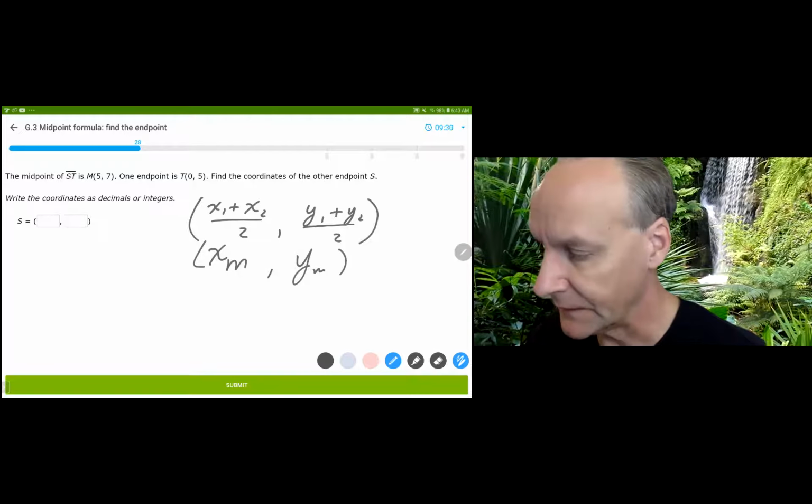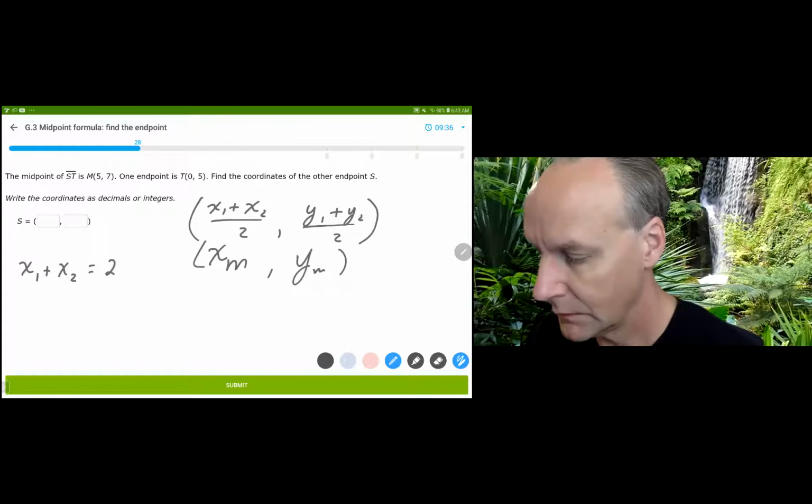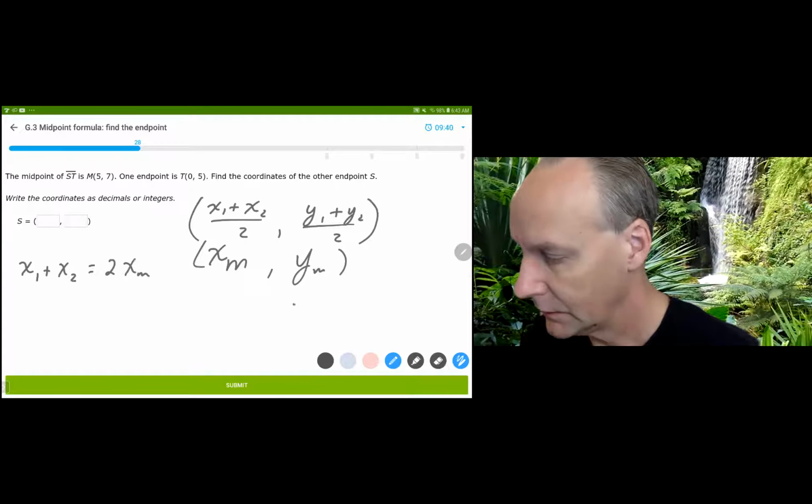And when we set these equal to one another, x1 plus x2 equals 2xm, and y1 plus y2 equals 2ym.